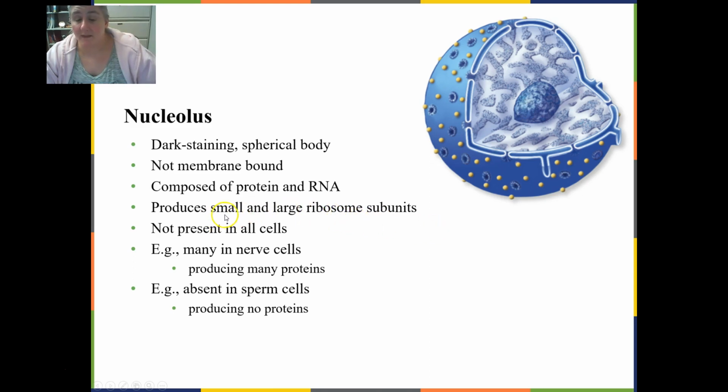They are formed from a small and a large subunit, and they are basically the workhorse of protein synthesis. So they make proteins. Some nuclei have more than one nucleolus, whereas others have no nucleolus whatsoever.